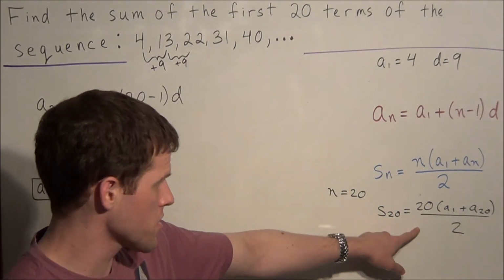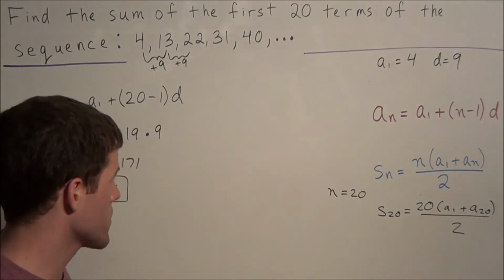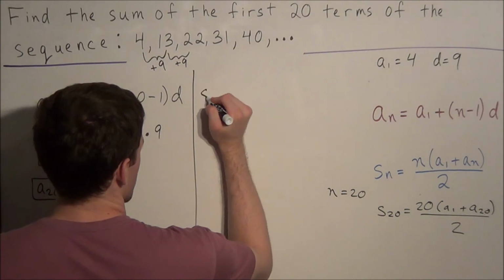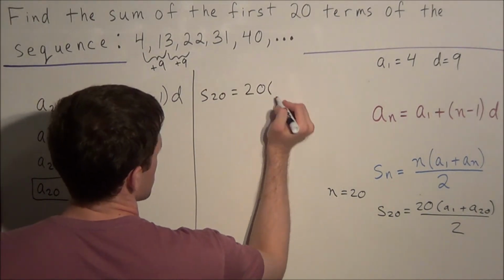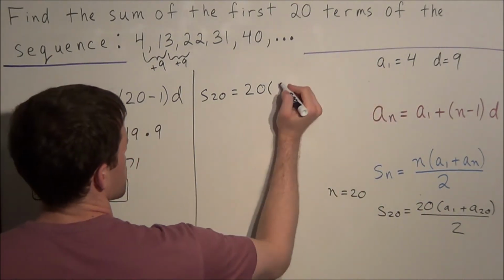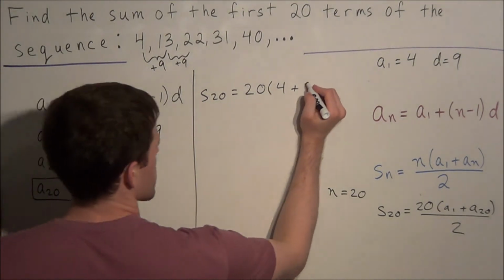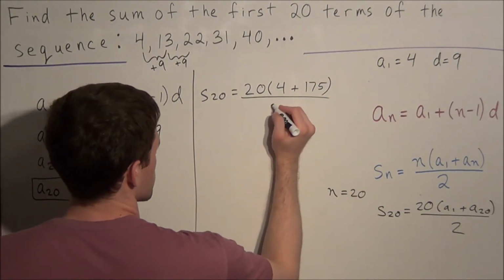We're going to use this equation and substitute in the known variables. S20 equals 20 times, and now a1 is 4 plus a20, which we just found to be 175, and we're dividing all of this by 2.